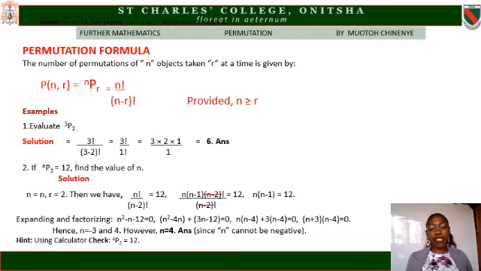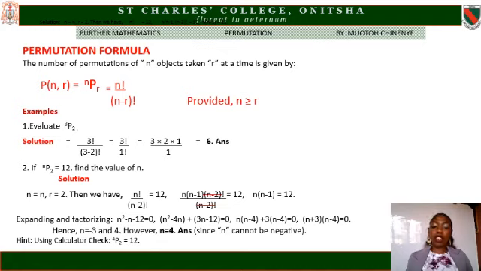Expanding and factorizing, we have n squared minus n minus 12 equal to 0. Applying your factorization properly, we have n squared minus 4n plus, in bracket, 3n minus 12, all equal to 0.